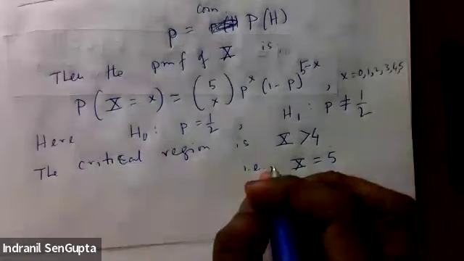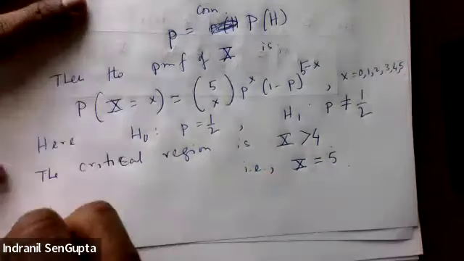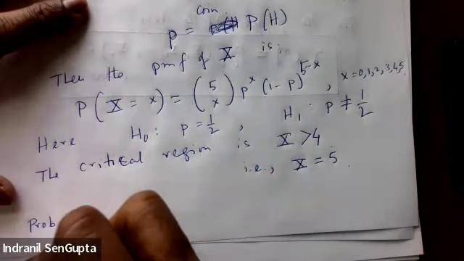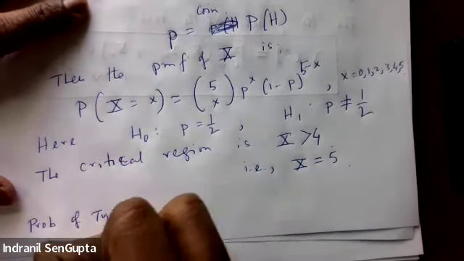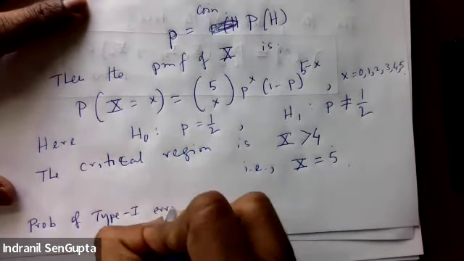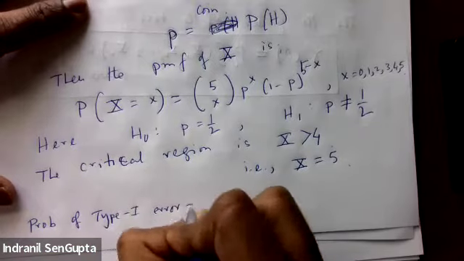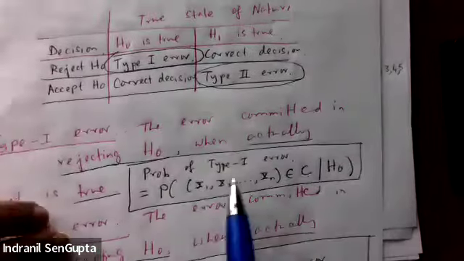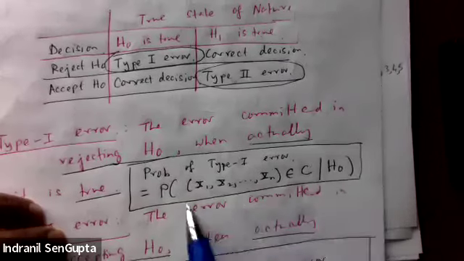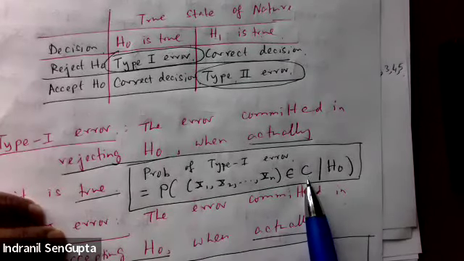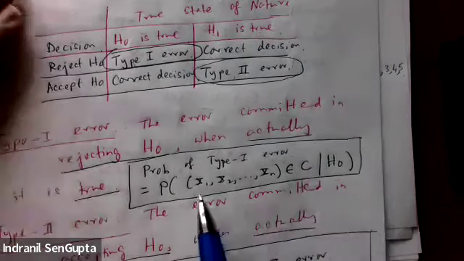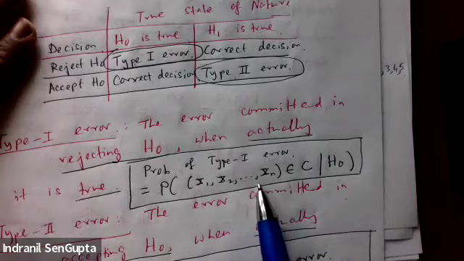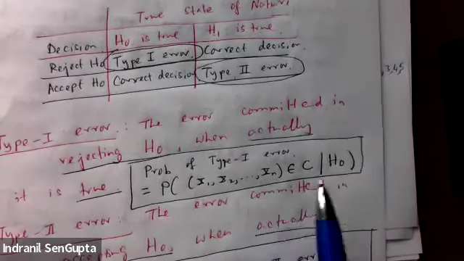So now let's go back. So the probability of type 1 error is what? Look at this one. I wrote it before. It's the probability that x is in the critical region. In our case, the critical region is x equals 5, so we can only see that x equals 5.